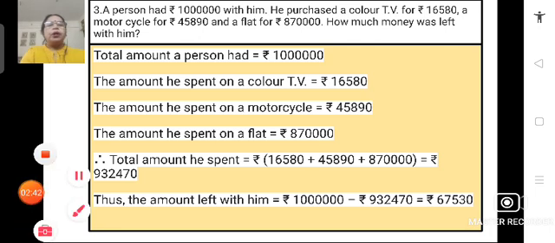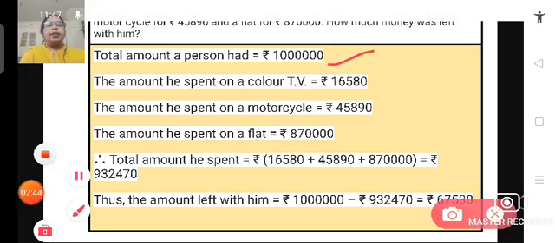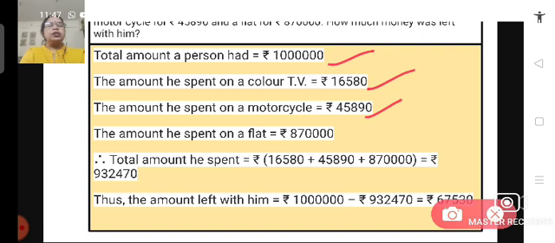So the total amount the person had was 10 lakhs. The amount he spent on color TV was rupees 16,580. The amount he spent on the motorcycle was rupees 45,890 and the amount he spent on a flat is 8,70,000.